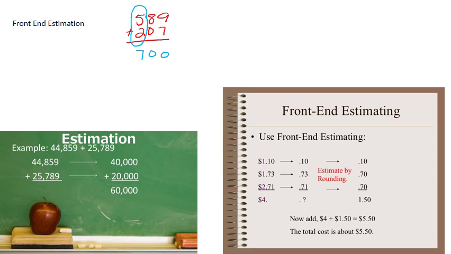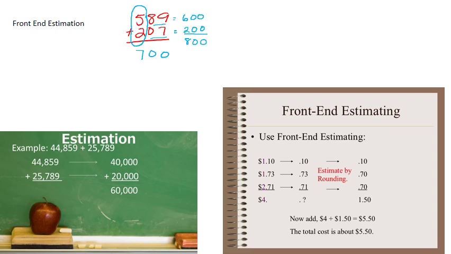Front-end estimation is not overly accurate if you're just using the front end and you're not looking at what's left in the number. Because 89 is quite close to 100. So 589 is probably more like 600 than it is like 500, right? And 207, well, that's pretty close to 200. When you add those, you actually get 800.